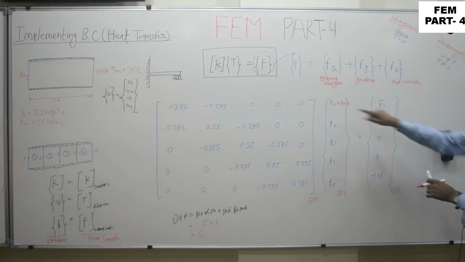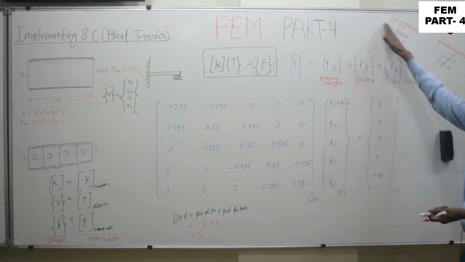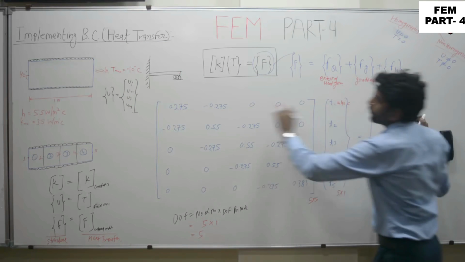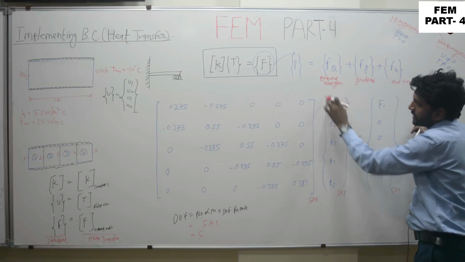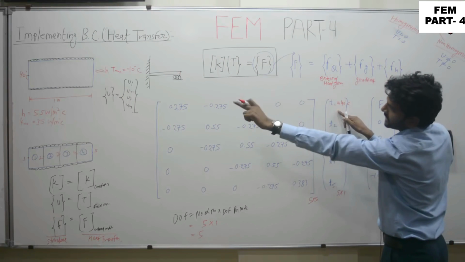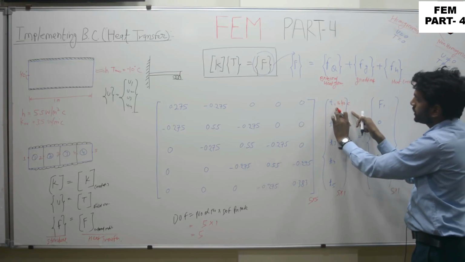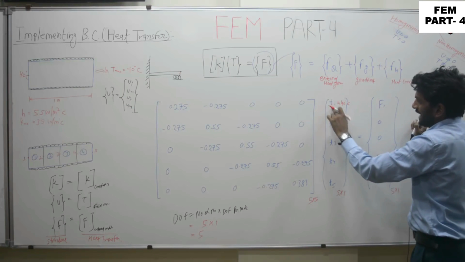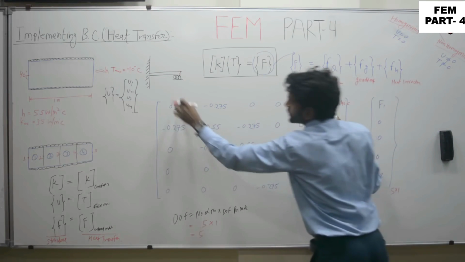Now I have already discussed that there are two kinds of boundary condition, homogeneous and non-homogeneous. Our objective is basically to remove the corresponding rows and column where the field variable is known. If the field variable is known at a particular point, let's suppose in this case at node 1, T1 is 40 degrees centigrade, then there is no need to find out the temperature T1. If we are going to remove T1, it means removing the corresponding row and column.